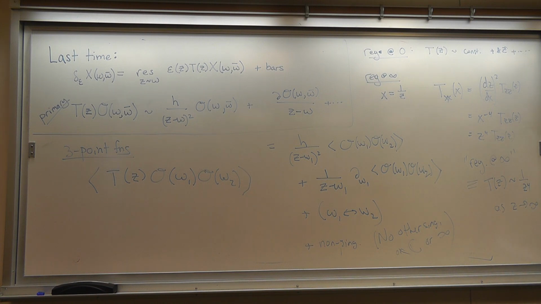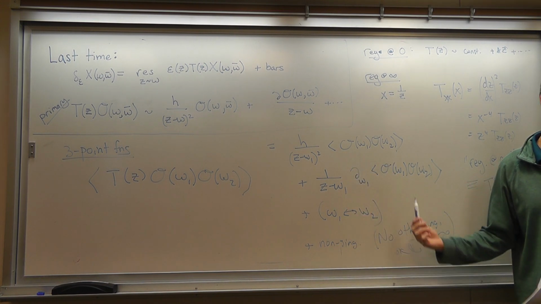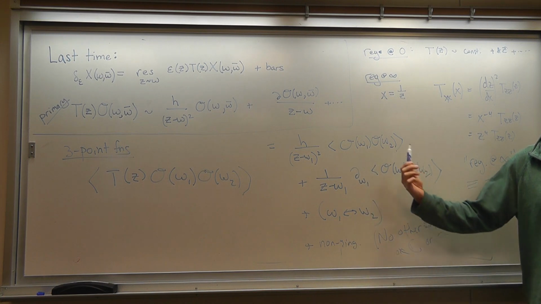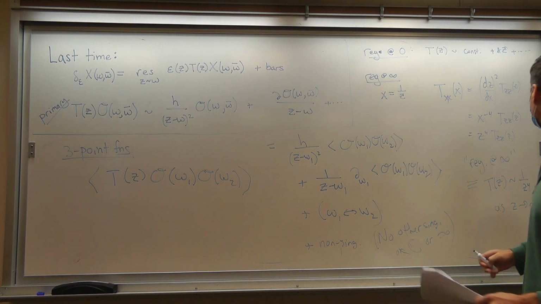With that subtlety out of the way, it's now pretty straightforward to check that this function has been uniquely determined. I'm not going to go through the rest of the algebra, but it's completely determined by this fall off at infinity and having these singularities.